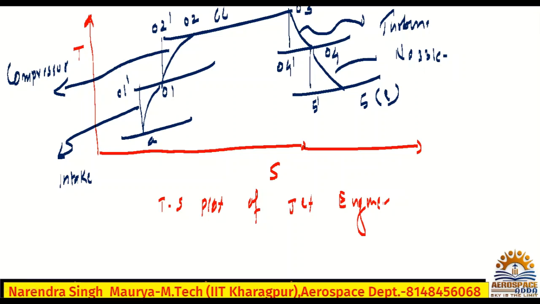For a turbofan, obviously two compressors and two turbines will come: high pressure compressor, low pressure compressor, which is the fan, and similarly high pressure turbine and low pressure turbine. For a turbofan, a separate diagram if you need sometimes. But this is for the jet engine: one compressor, one turbine only.